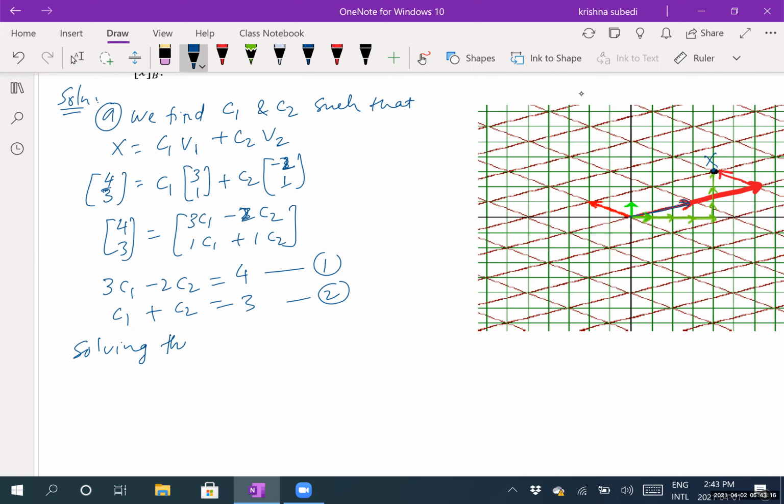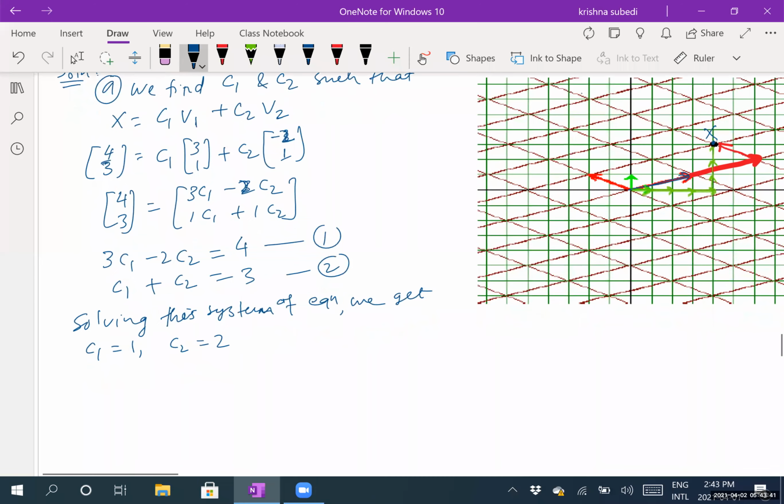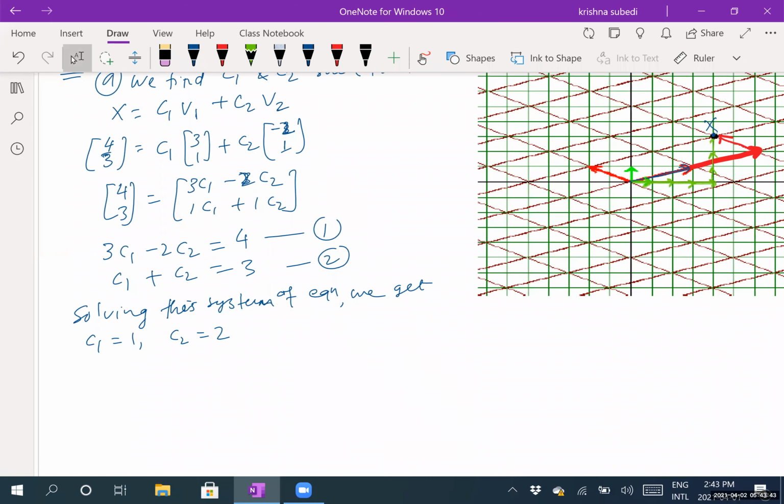Solving this system of equations, we get C1 equals 1 and C2 equals 2. This is what we got earlier when we looked at the graph, right? That's what it is.